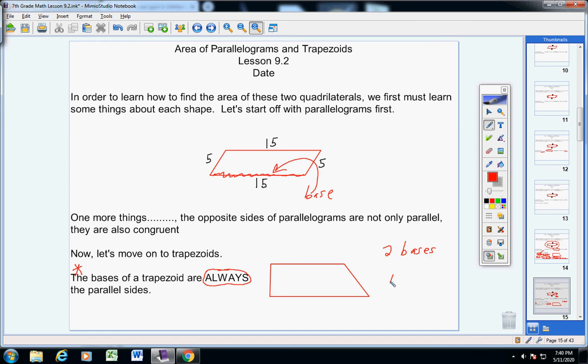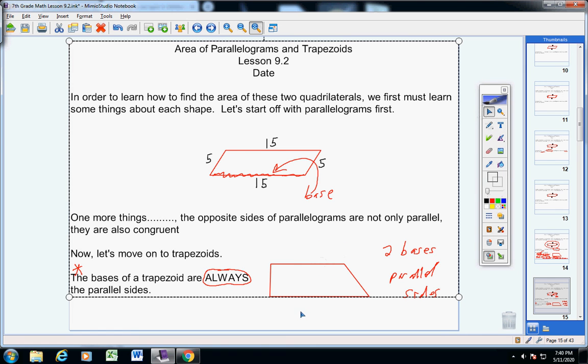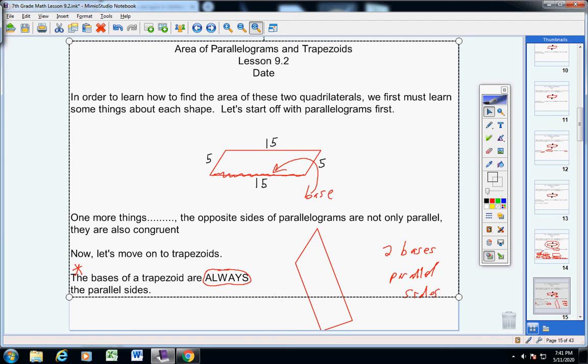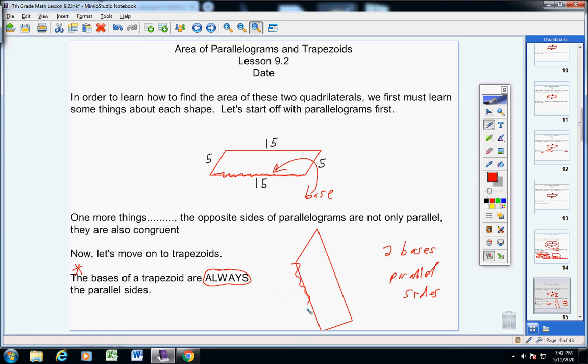You might want to make note of that. And they are always the parallel sides. So I don't care which way you grab this thing right here and turn it, it doesn't matter. These two sides right here, the parallel sides, will still be your bases. So on a test or quiz, if I try to, not necessarily trick you, but to make you think a little bit, don't become confused.